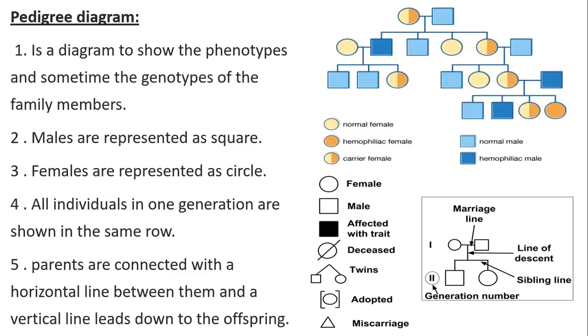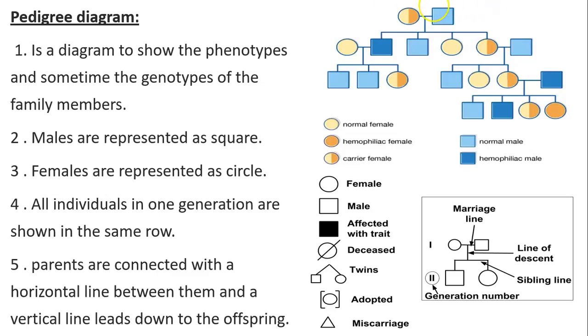What happened from this cross? So now let's see. We have different generations in the pedigree. First, you have to know that males are represented as squares while females as circles. So whenever you look at a pedigree and you see a circle, this is a female, while when you look at a square, this is a male.